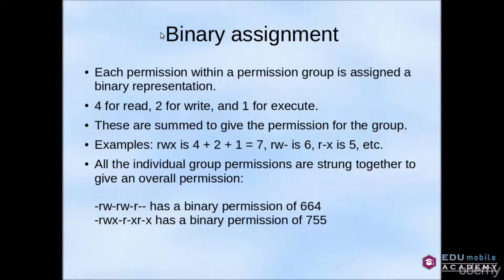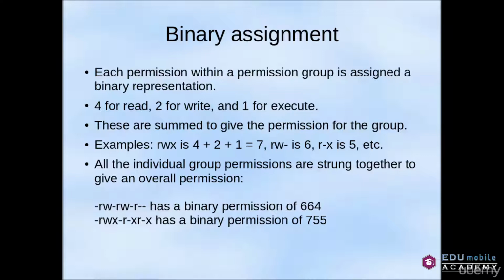Before we talk about that, we have to talk about how these permissions are represented internally within the Unix file system. Each permission within a group of permissions is assigned a binary representation. Now, we don't work with them in binary, but we do kind of have to know what's going on. So there are 3-bit groups for read, write, and execute.